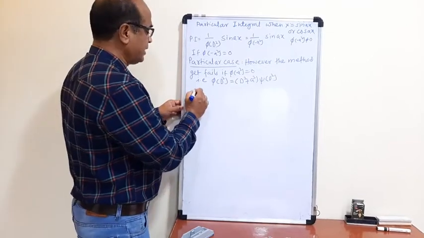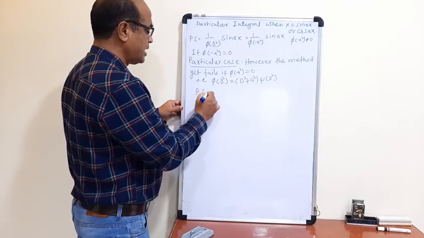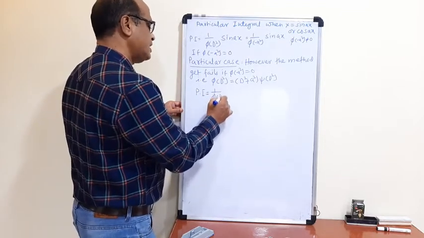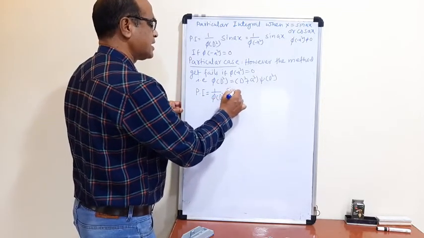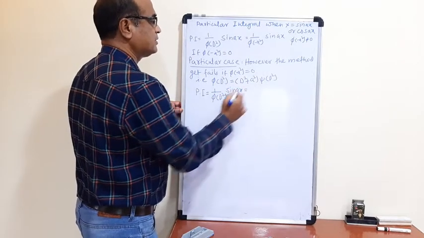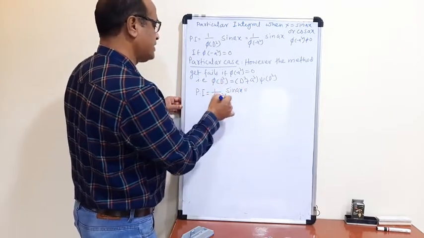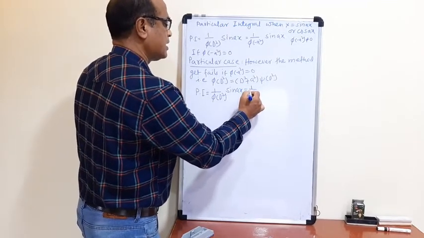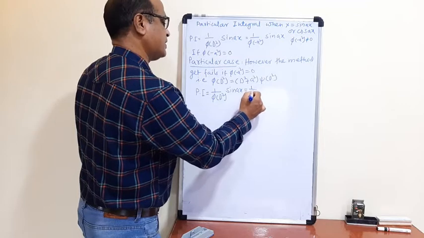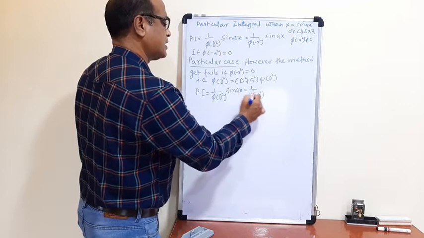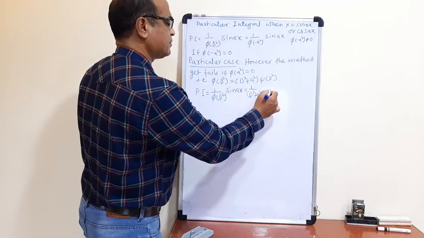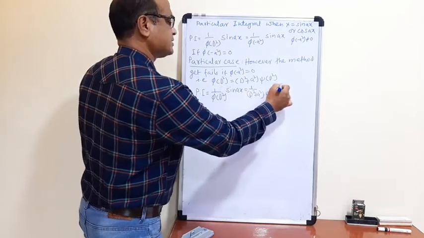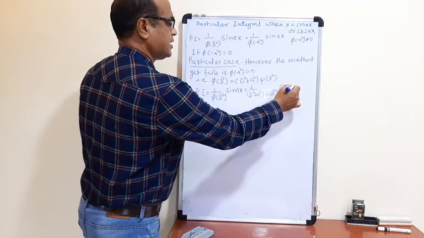So we find the particular integral, P.I. 1 upon phi of D square, sin ax, is equal to, putting phi of D square equal to D square plus a square times psi of D square, 1 upon D square plus a square psi of D square, sin ax.